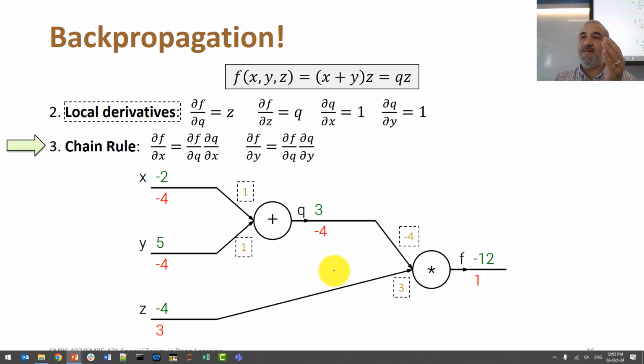And then in the backward pass, we move backward by multiplying the derivatives we reached up to this point with the local derivatives until we reach the input variables. Notice here that we got the derivative for every single variable, even the intermediate values, by the way. Even q, we got the derivative for it. But we need it anyway because we want to compute the derivative with respect to the inputs.